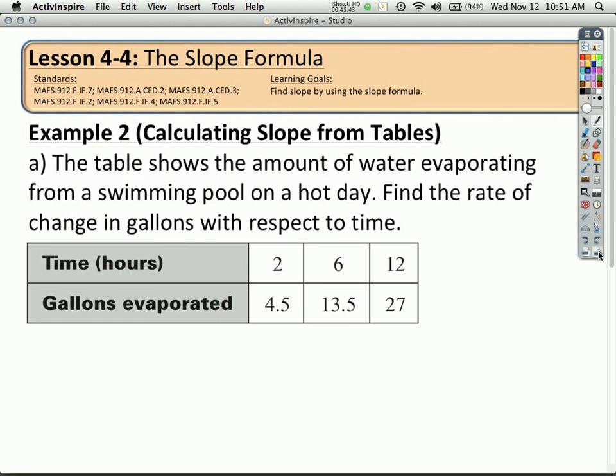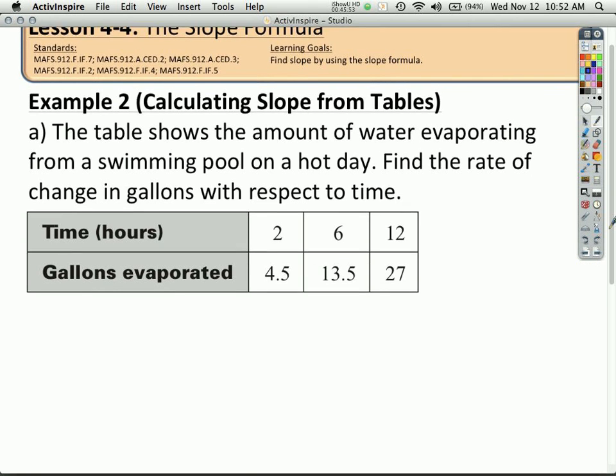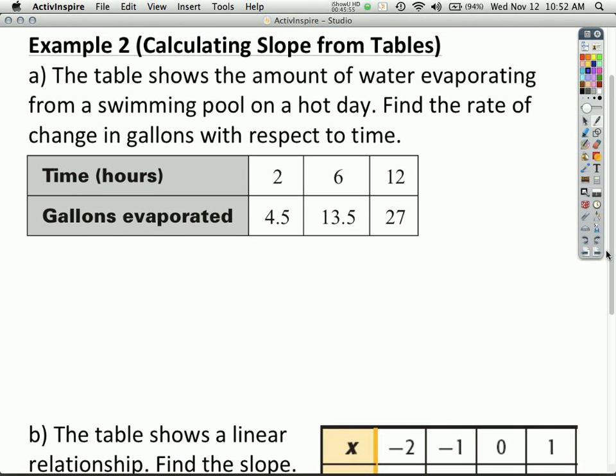Okay, so let's develop the idea by now looking at what happens when we're not just given points, but we're given the information in a slightly different way. So, you do not need to write out the text of the question, but you need the table of values.